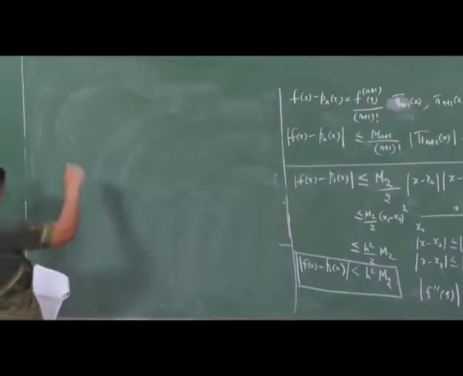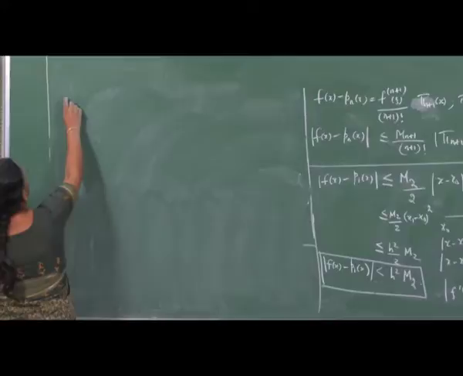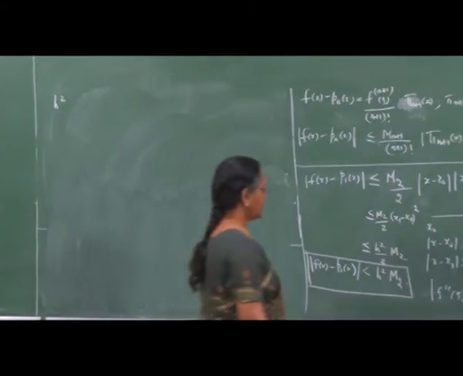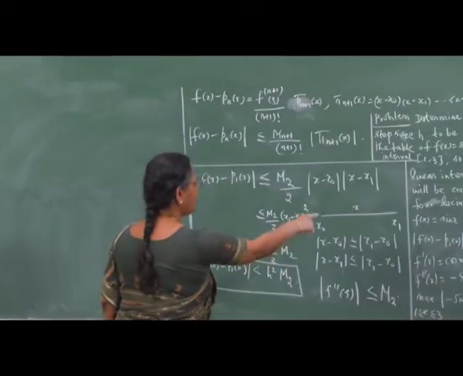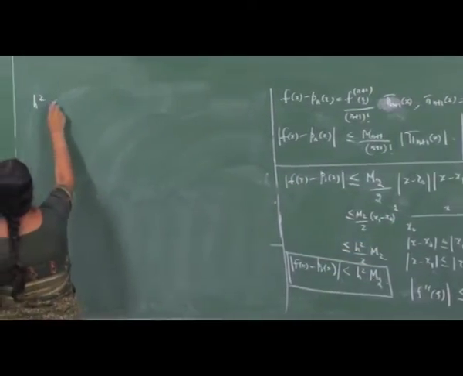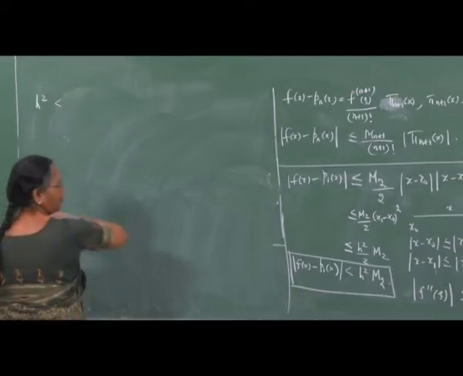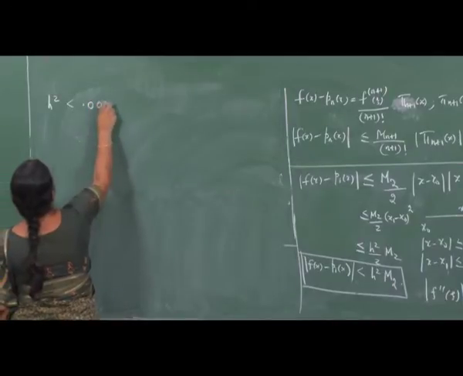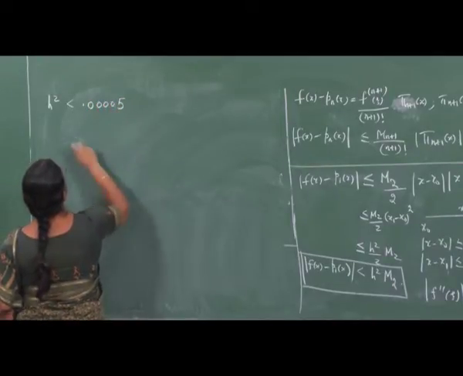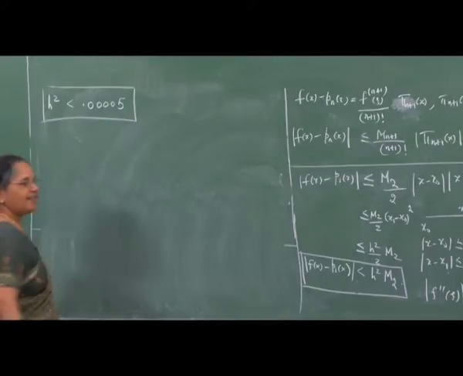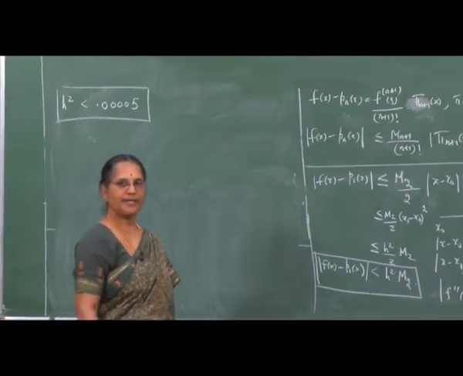So, we have all the information that is required, so that we will be able to answer this question. We get h square into m2, where m2 is 1, that must be less than or equal to 0.00005. From here one can compute the value of h.